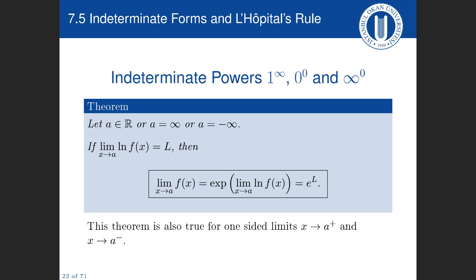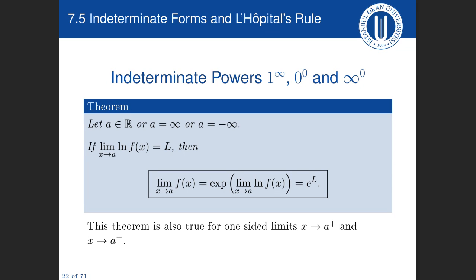Let a be a real number, or a be infinity, or a be minus infinity. If the limit as x tends to a of ln f of x is equal to L, then the limit as x tends to a of f of x is equal to e to the power L.